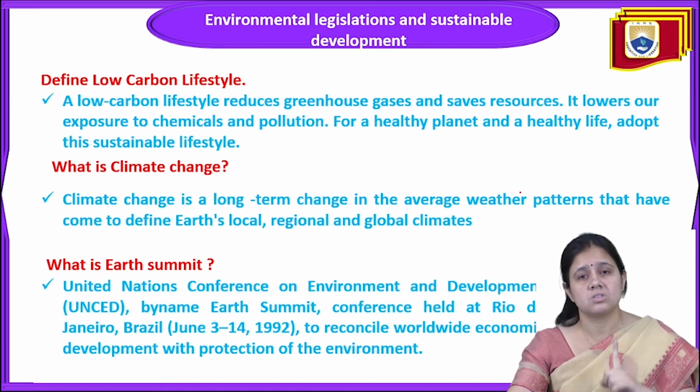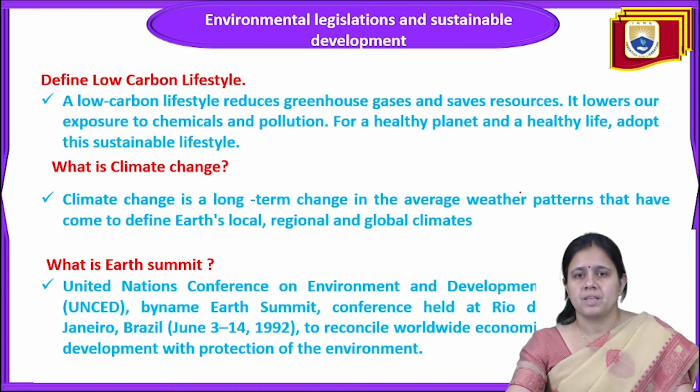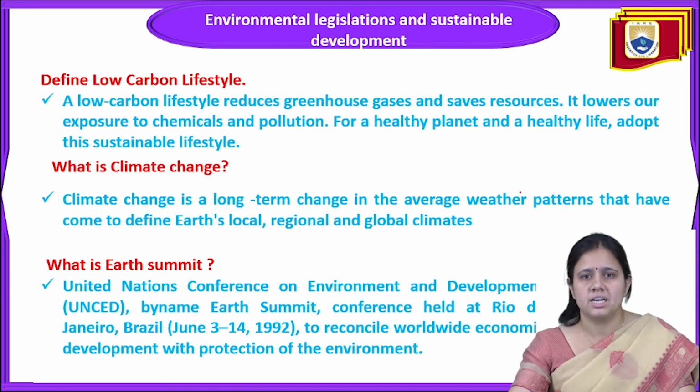This is all due to climate change, because people are clearing forests, people are cutting trees, and the emission of greenhouse gas is increasing. Due to this, warming of the earth's surface has increased, and due to this warming the climate has changed, and that's why too much heat is available on the earth.